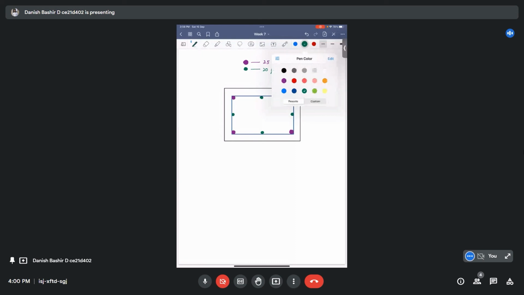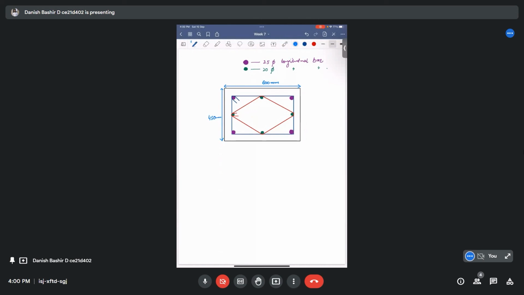It's like this. This was given as 600 mm, and this was given as 450 mm.